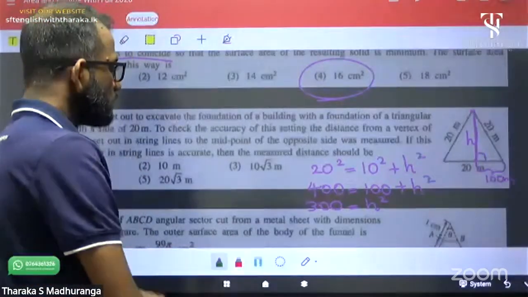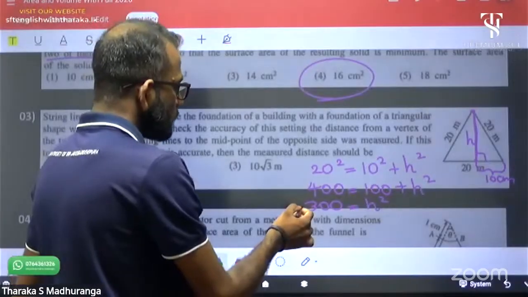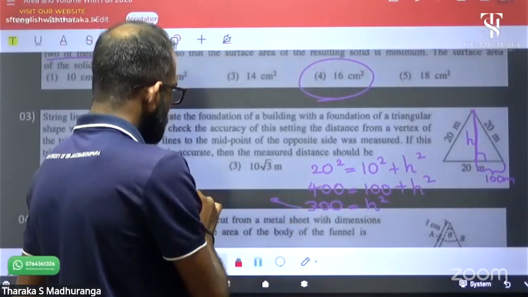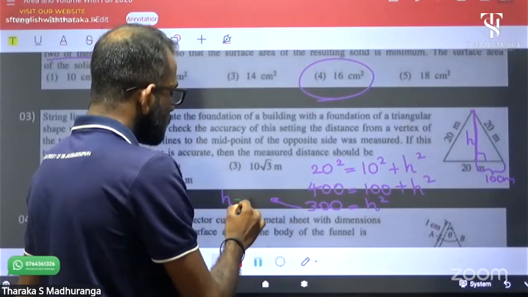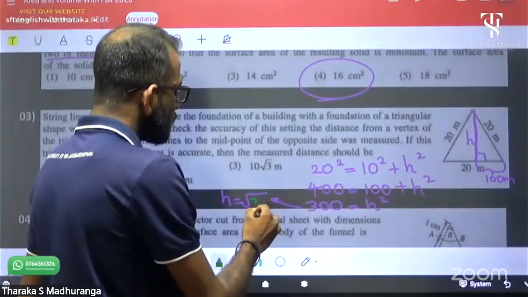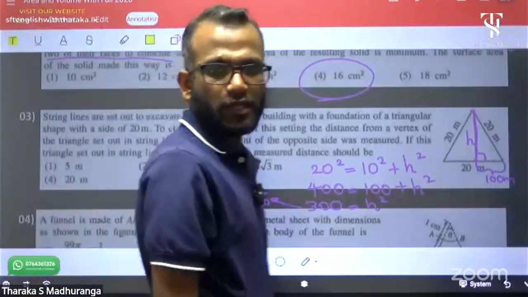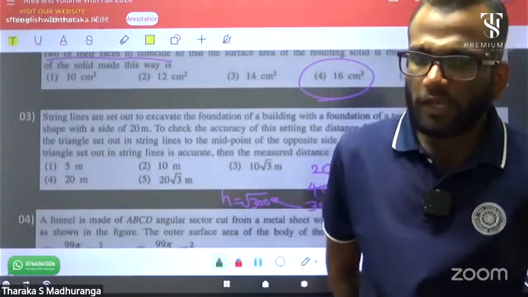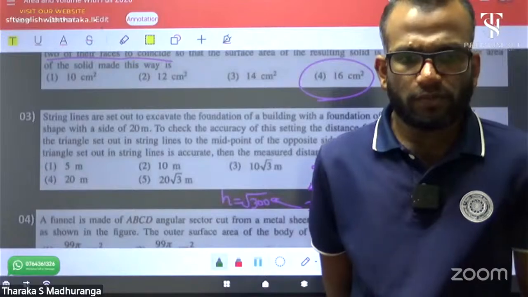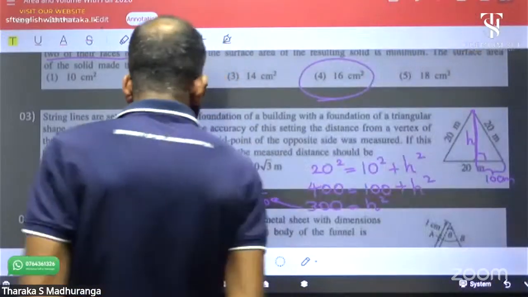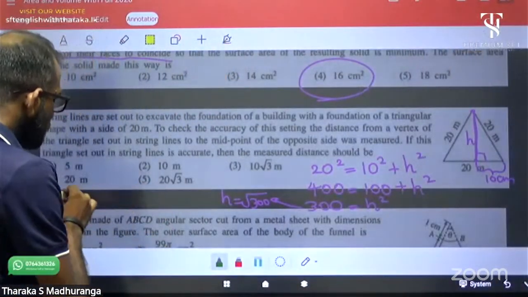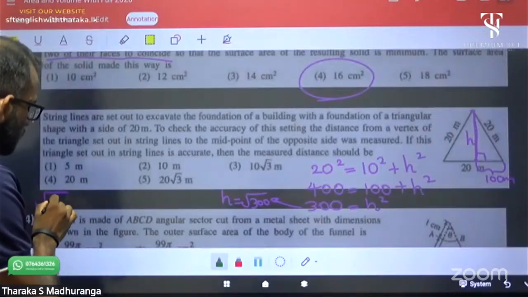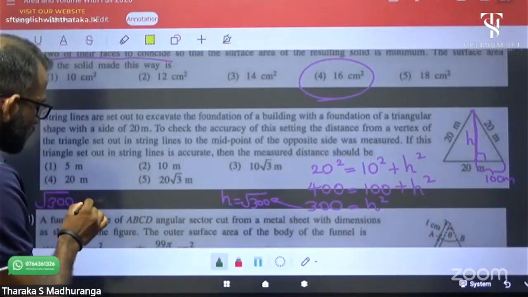But the problem does not have this type of answer. So h equals square root of 300, but there is no such answer. Then what to do? Square root of 300 is a very important thing.